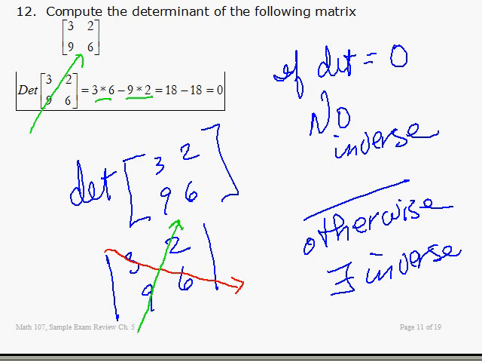So if the question says, does this matrix have an inverse, then you take the determinant. If the determinant is 0, you say no, it has no inverse. If the determinant is not 0, then it has an inverse. We only take determinants of square matrices. A square matrix has the same number of rows as columns. We also only find inverses of square matrices.